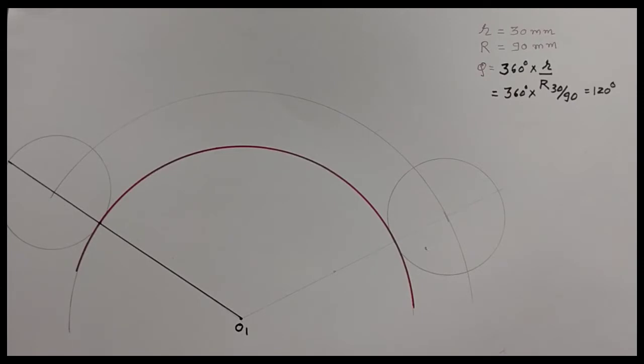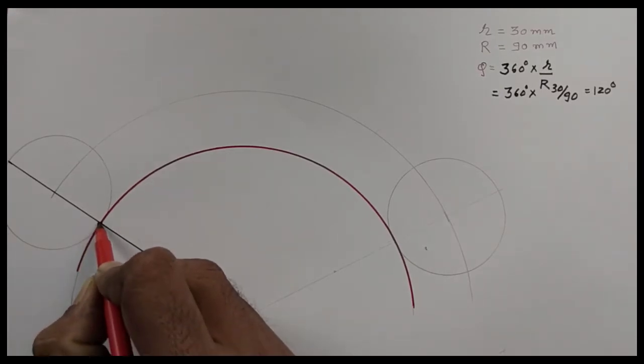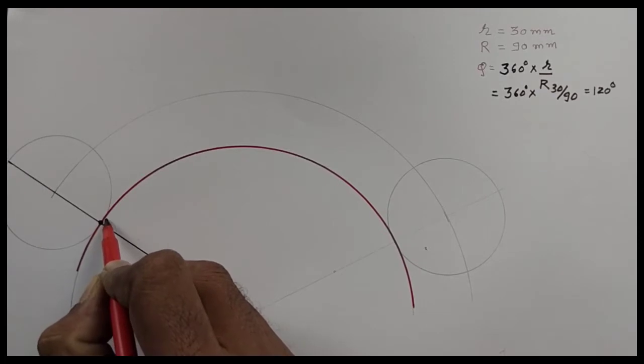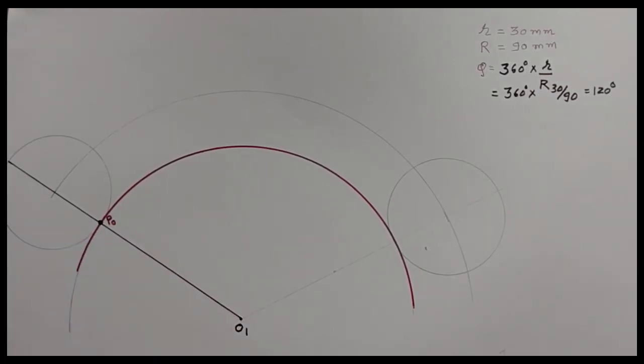and as per the problem statement, your point P is on the circumference of the rolling circle, as well as the contact between the rolling circle and directing circle. So I mark my point P0, the initial point.